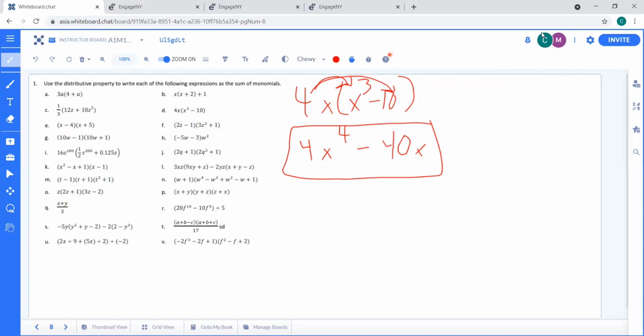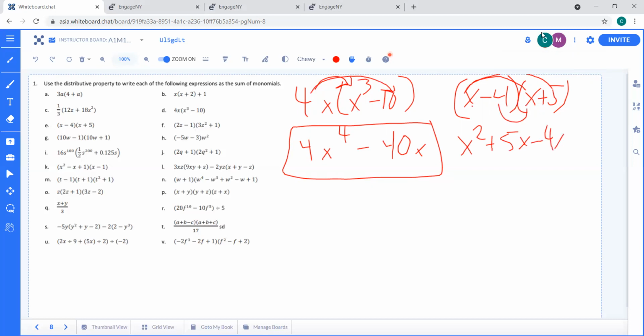Now, let's see here. x minus 4. These are going to be the ones that are much more common in the next couple of years. You're going to see factors like this. This is 2 factors multiplied together, and you're going to have a trinomial that comes out of these. So this is FOIL: first, outer, inner, last. First is going to be x squared. The outer is going to be plus 5x. The inner is going to be minus 4x.